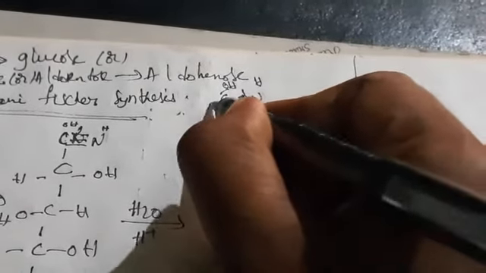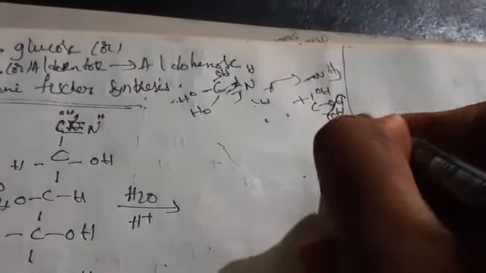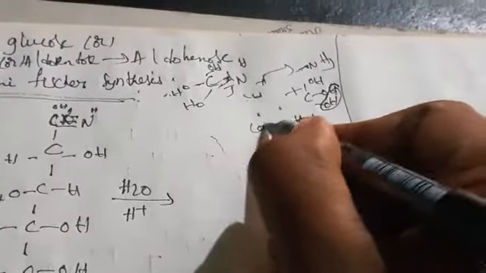Another bond you break, OH and H add. So how is it losing? Minus NH3. NH3 will be lost and it forms COH, OH, OH. What happens? This H2O molecule will be lost, so it forms the acid.